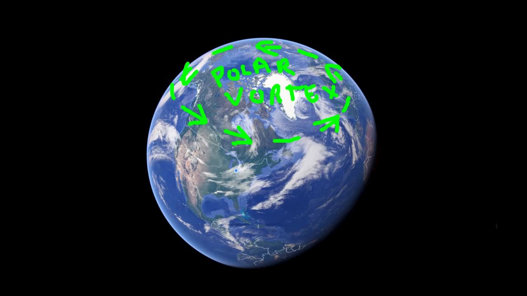Now here in the northern hemisphere of planet Earth, when we see water go down the drain, if you ever watch it, you'll notice it goes counterclockwise. And why does the water go down the drain?